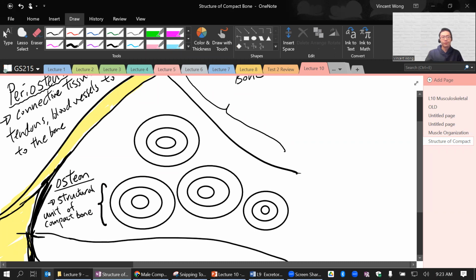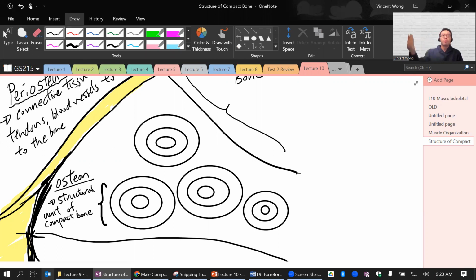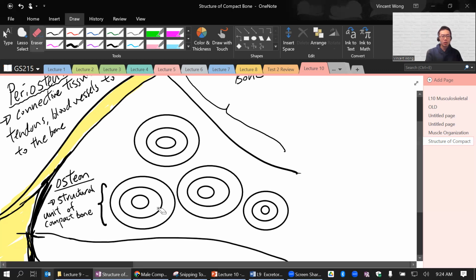What does that even mean? Structural unit is the basic building block of something. If you think about a wall, a single brick would be the structural unit of the wall. So these osteons are the building blocks of compact bone.